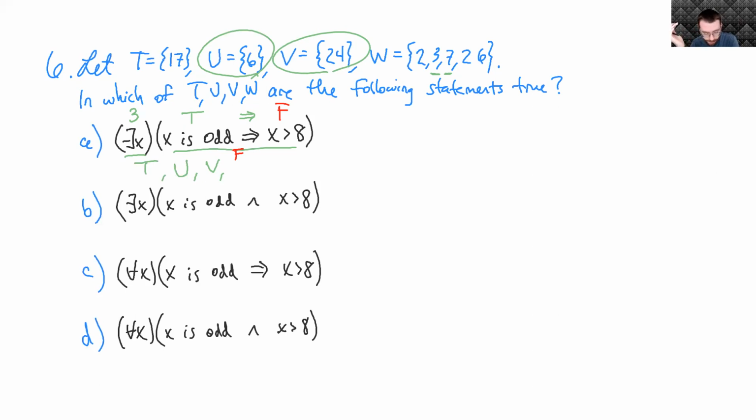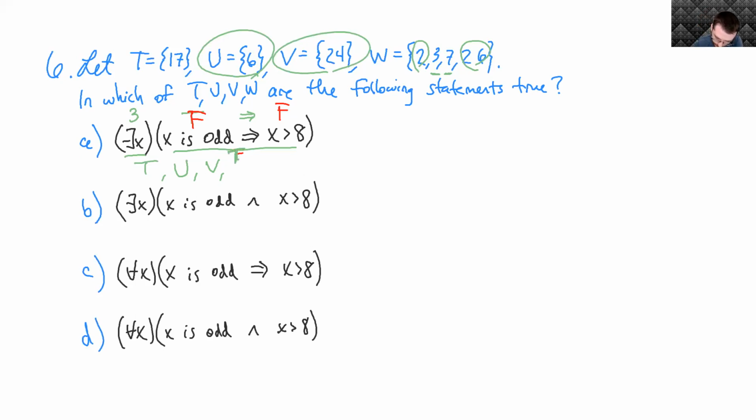However, 2 and 26 do satisfy. So 2 and 26 are elements of W such that they're not odd, and depending on which one you pick, it might be greater than 8 or it might not be. But that gives me a true result.